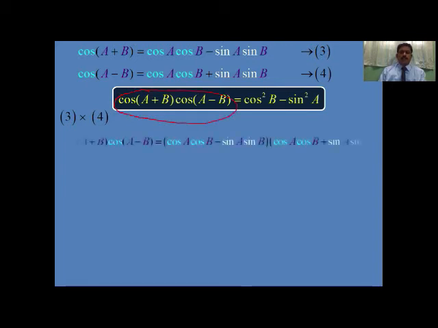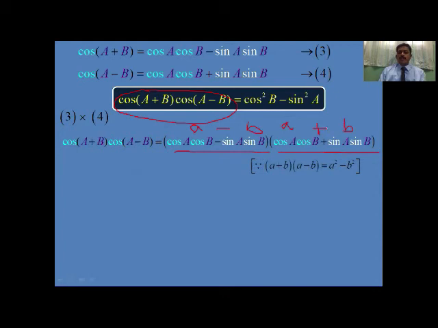This implies cos (A plus B) cos (A minus B) equal to (cos A cos B minus sin A sin B) into (cos A cos B plus sin A sin B). Same as the previous case, it looks like A and it looks like B. Again, we are going to apply the same formula (A plus B)(A minus B).